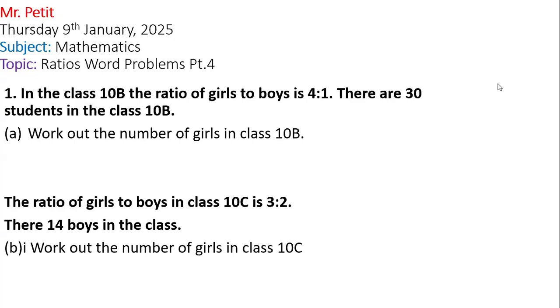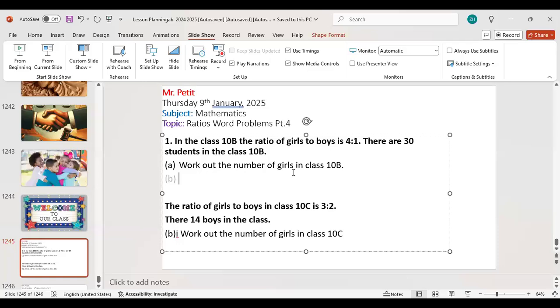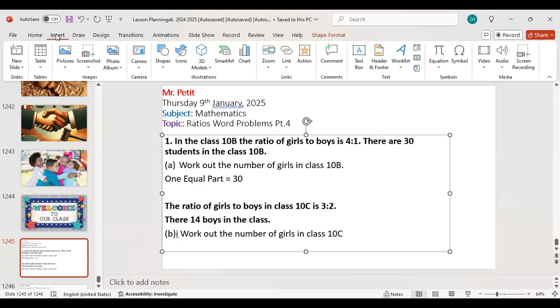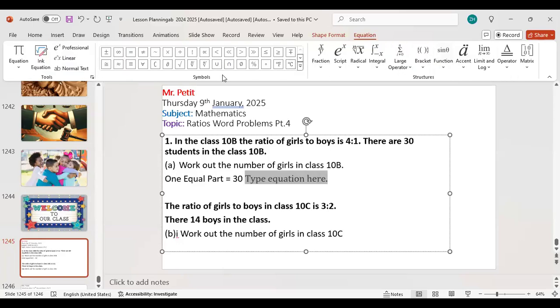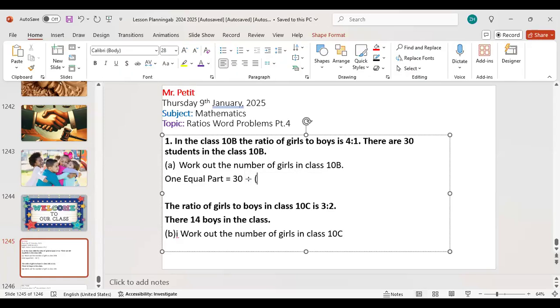Very good. So in order for us to find the number of girls in this class, what are we going to do? You have to find one equal part. One equal part is going to be 30 divided by the sum of 4 plus 1.